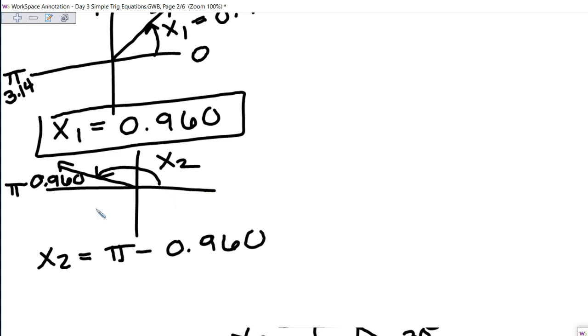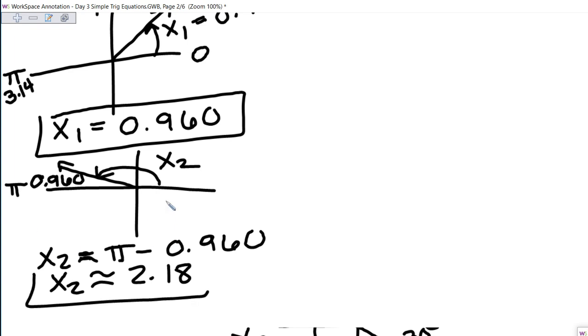And we'll use the rounded answer. So what is pi minus 0.960 approximately? So x2 is approximately 2.18. And I know 2.18 is going to be between 1.57 and 3.14, which would land in quadrant 2.